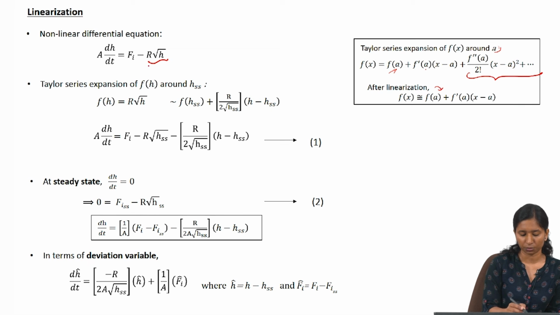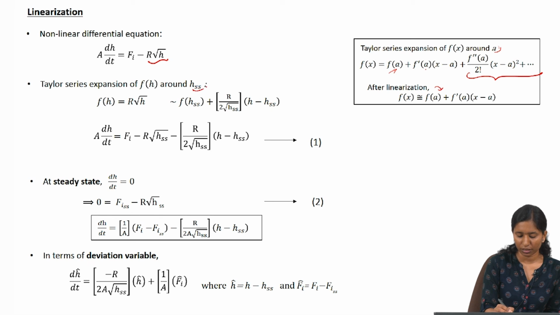Let us expand this R√h around the steady state value h_ss, where ss is the steady state. So, the function of height R√h is f(h), which we can approximate as f(h_ss).